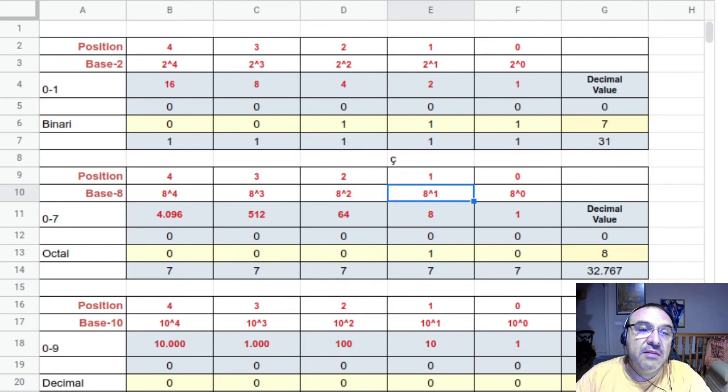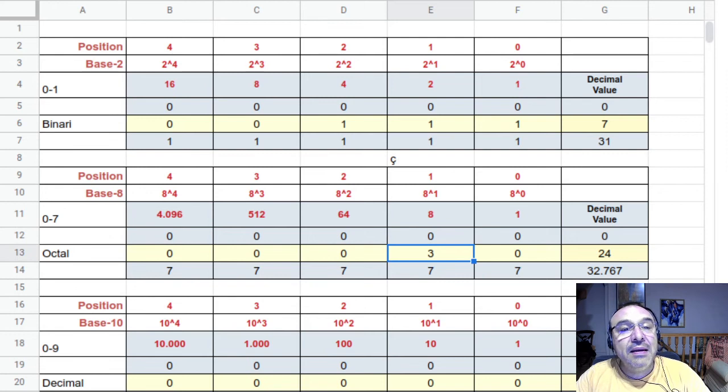So 8 raised to 1 is 8. So this symbol 1 means 8. If I put here the symbol 2, it will mean 2 by 8, so in decimal it will be 16.